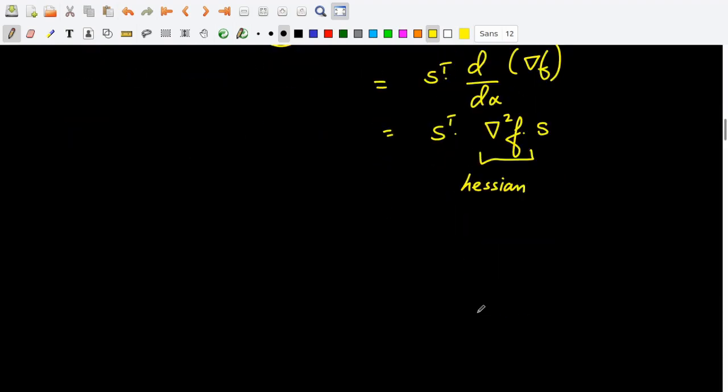which is a square matrix of size n cross n with terms like these.